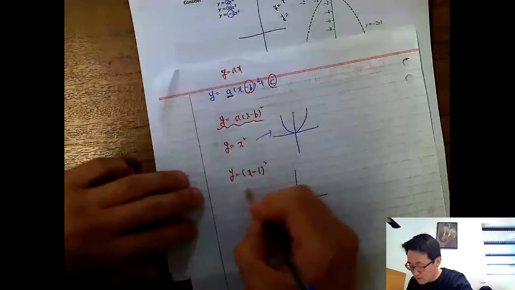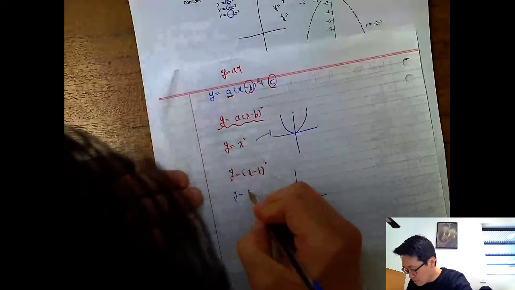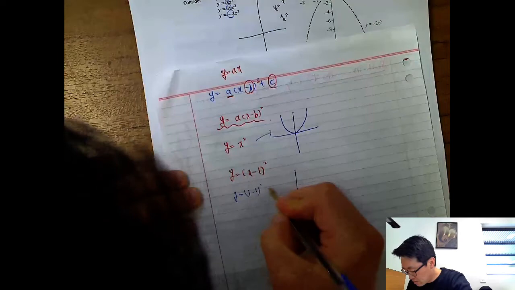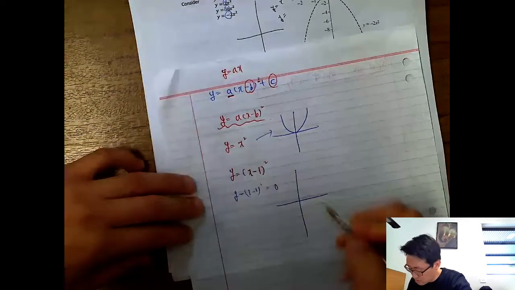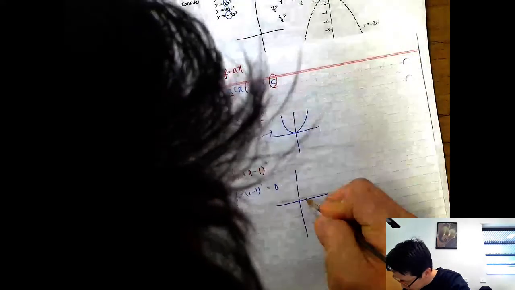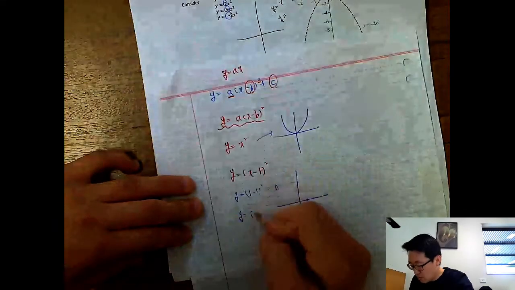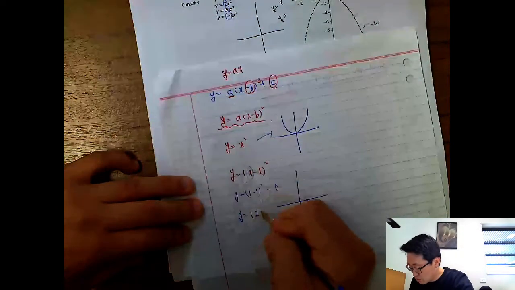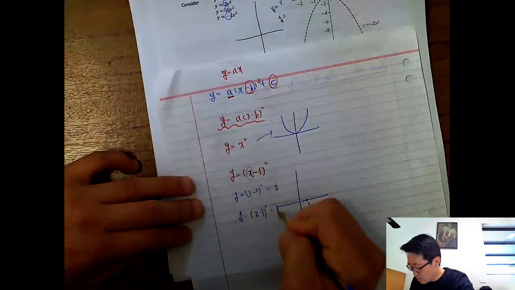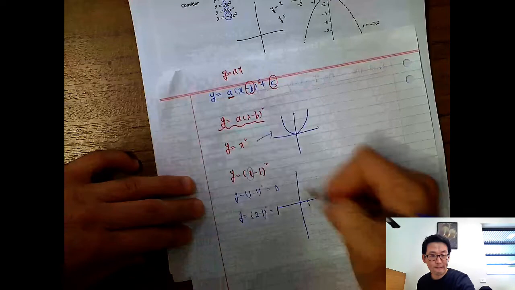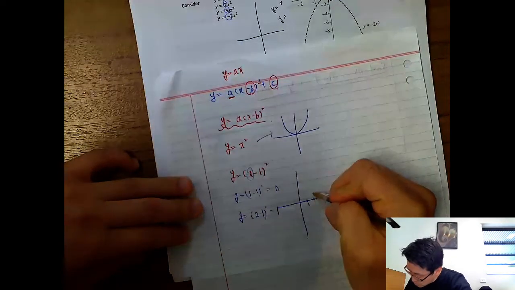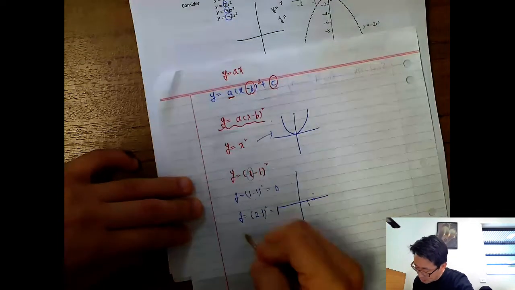When x is 1, y equals 1 minus 1 squared. 1 minus 1 is 0, so when x is 1, y is 0 here: 1 and 0. When x is 2, 2 minus 1 squared, I get 1.